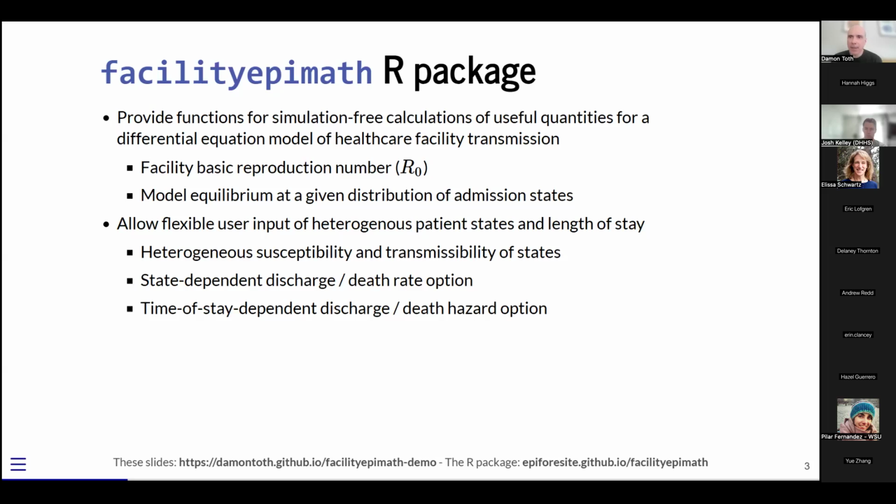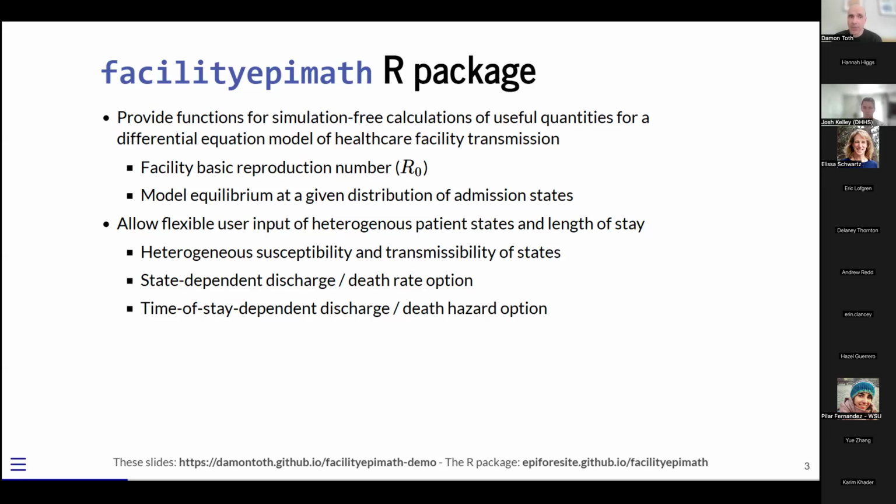And one of the unique features of this, I think, is to allow both heterogeneous patient states and flexible length of stay distribution for the patients. By heterogeneous patient states, I mostly mean you could have different compartments or groups of patients that have different susceptibilities to acquiring the organism.